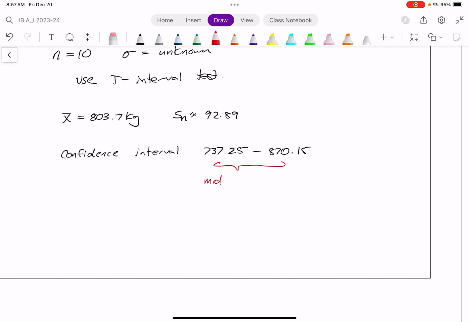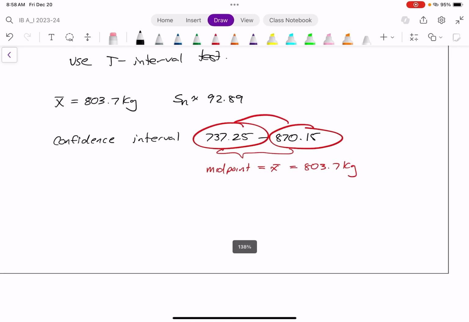So the midpoint we've already seen is the same as the mean, which is 803.7 kilograms. So we just need to realize, okay, how far are these extremes from the mean? You could just subtract the larger minus the smaller, something like that. You could find the length of the interval and divide by 2. You have so many options, but in the end, we can quickly see the difference of the mean from either extreme is about 66.45 kilograms.